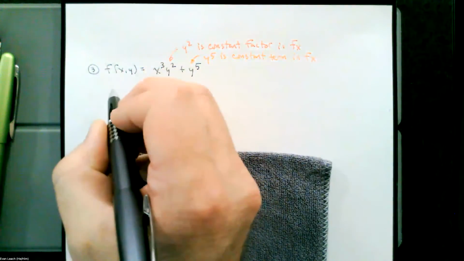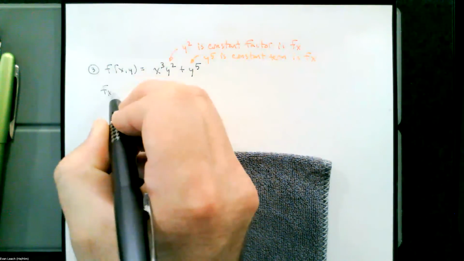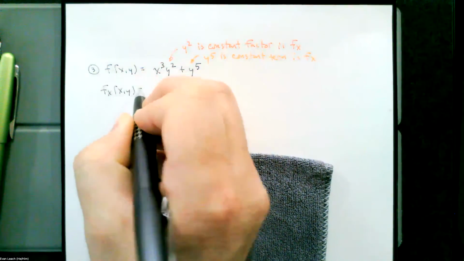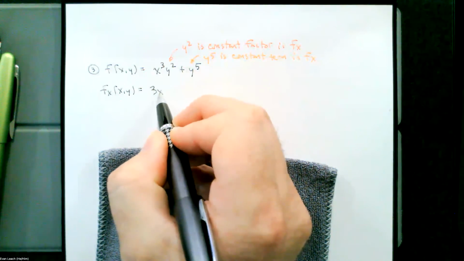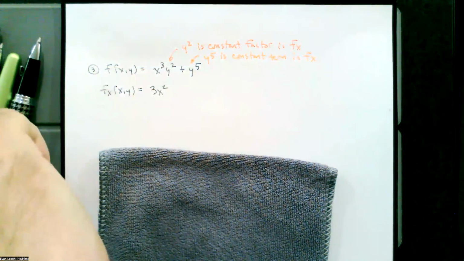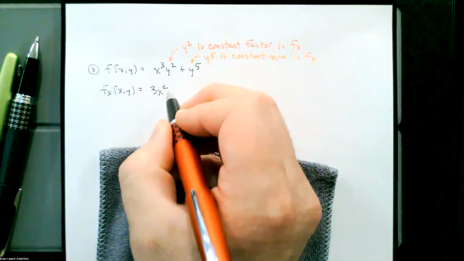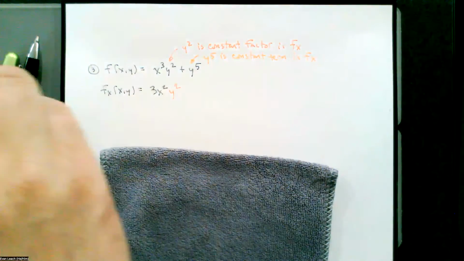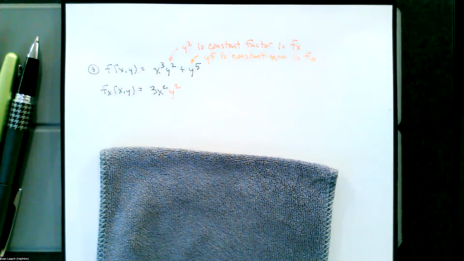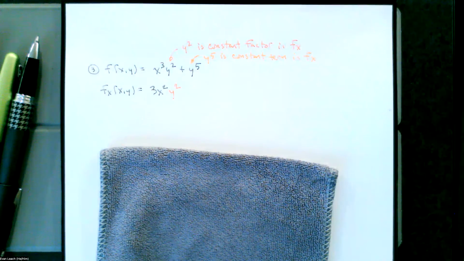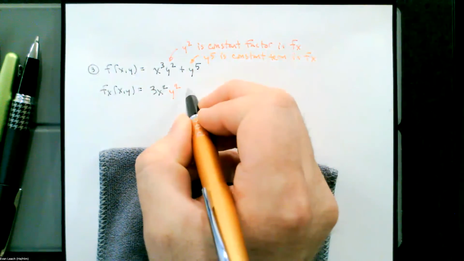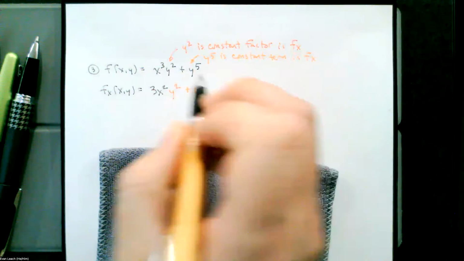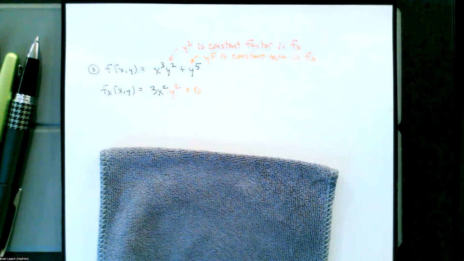So fx is going to be the derivative of x cubed, which is 3x squared, times the constant factor y squared. The derivative of y to the fifth with respect to x is 0. It's a constant term with respect to x. In practice, we wouldn't write plus 0, but we want to remind ourselves what happened to the y to the fifth.